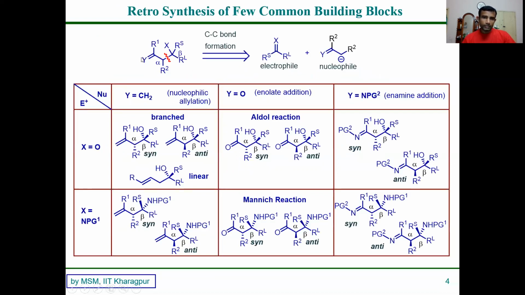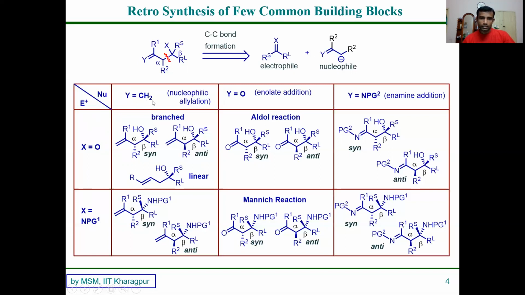If you look at this product, you can do this disconnection: you can break it here, and this can come here, and you get this minus. So you get this type of nucleophile and this electrophile. On this axis, the electrophile X equal to oxygen is carbonyl, and NPG is your imine.